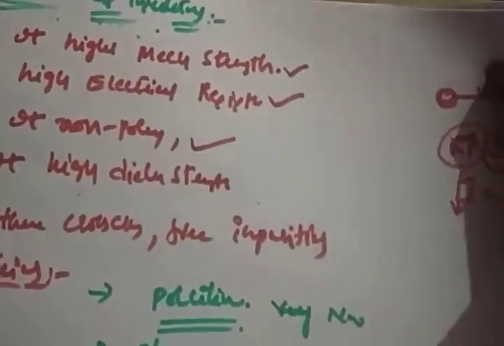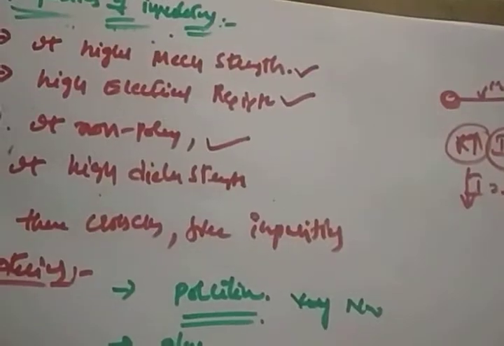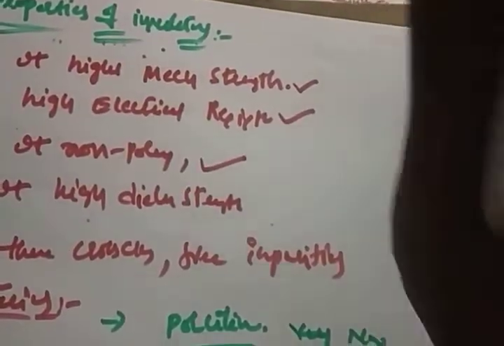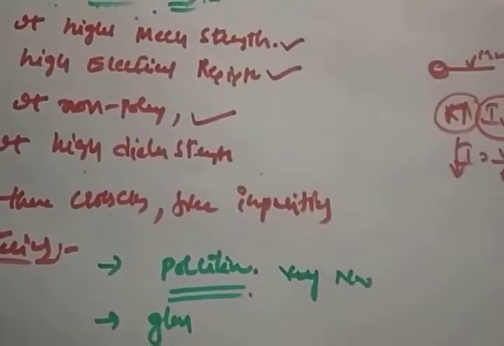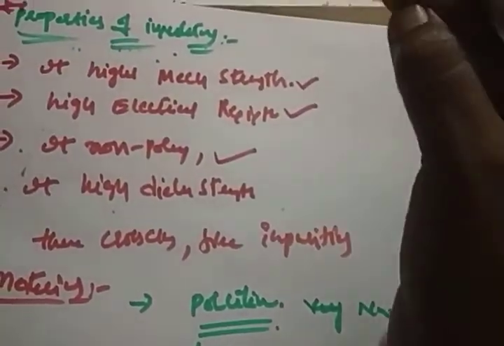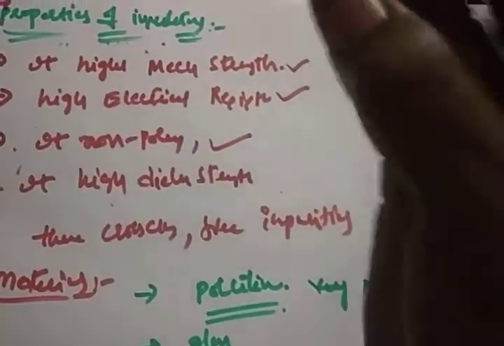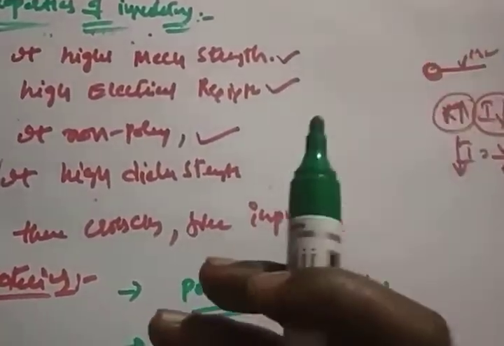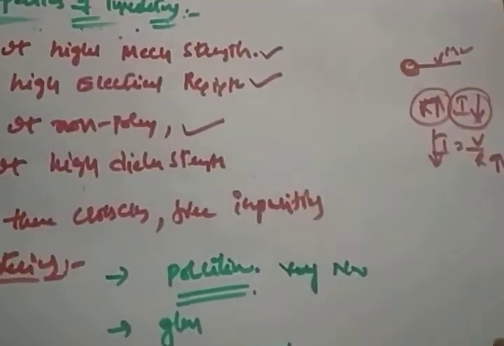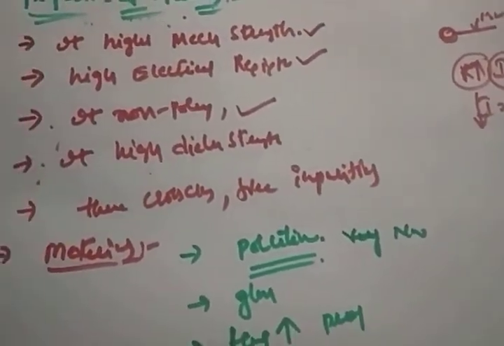What we discussed was the definition of insulators and the properties of insulators: high mechanical strength, high electrical resistivity, very high dielectric strength, non-porous material, free from impurities and free from cracks, and able to withstand temperature. Nowadays we use porcelain.